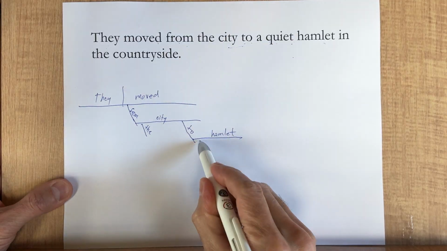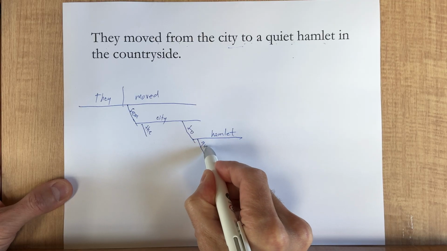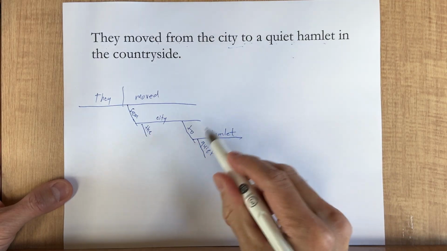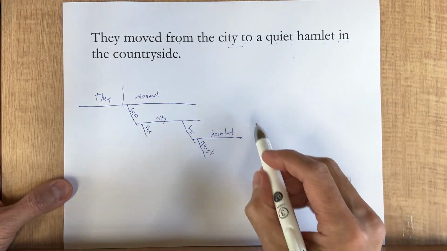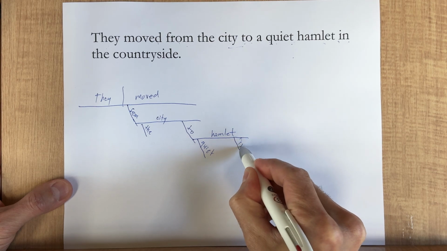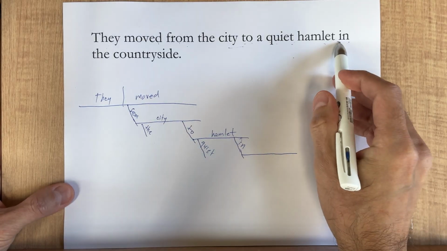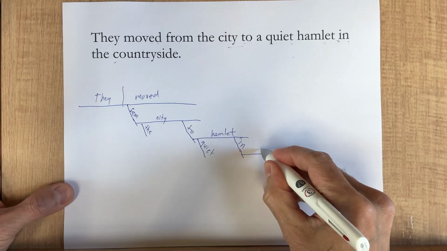It's a quiet hamlet. Quiet is an adjective. And then now we have in, and we know in is a preposition, so that goes right here. In. And what is in referring to? The countryside. Countryside.